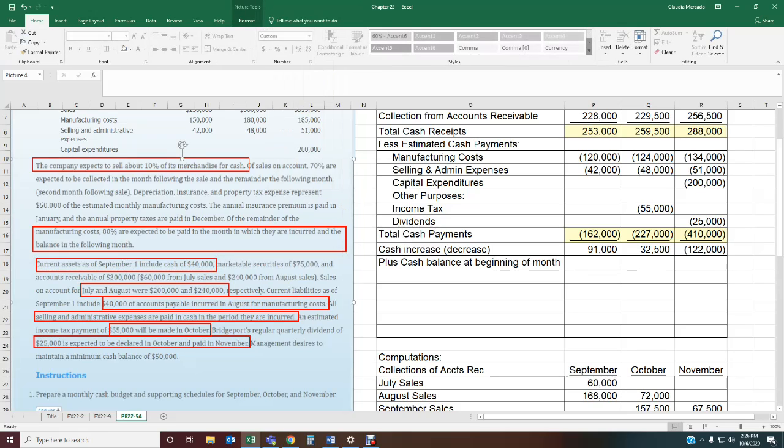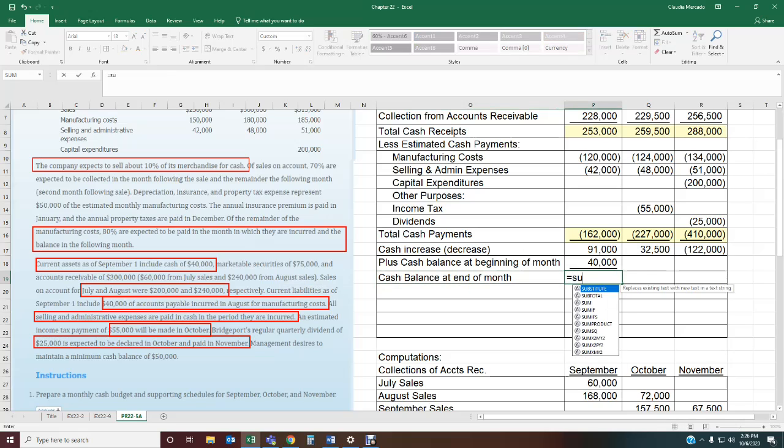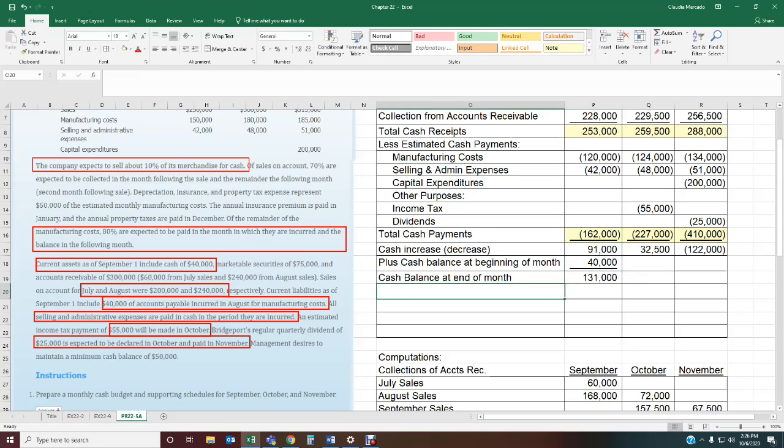So we've got cash of $40,000 starting off in September. Okay. So I've got my cash increase plus the cash balance that I had from the prior month. It's $40,000. So I can calculate my cash balance at end of month. Okay. So at end of month, I had cash of $131,000. Okay. That is for September.